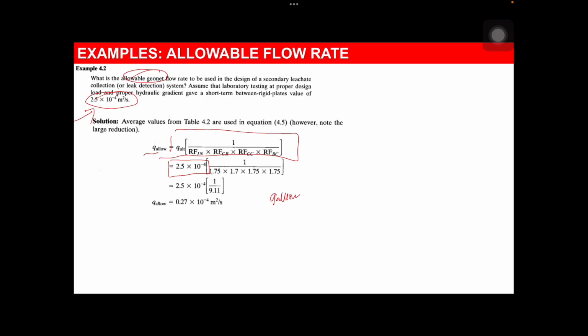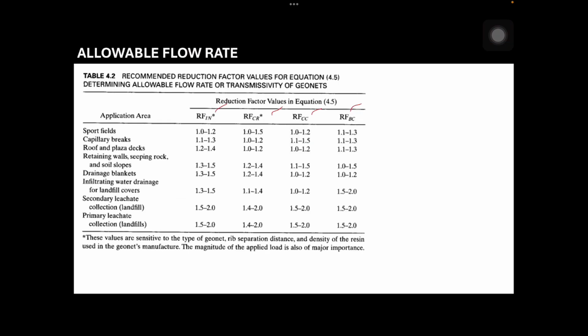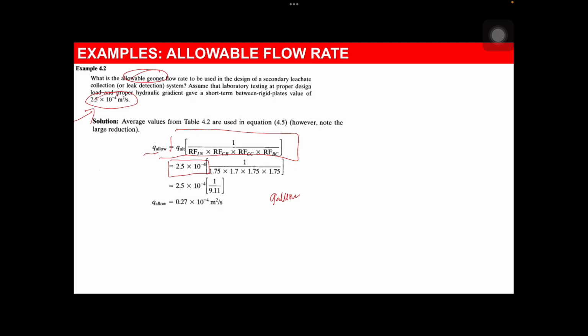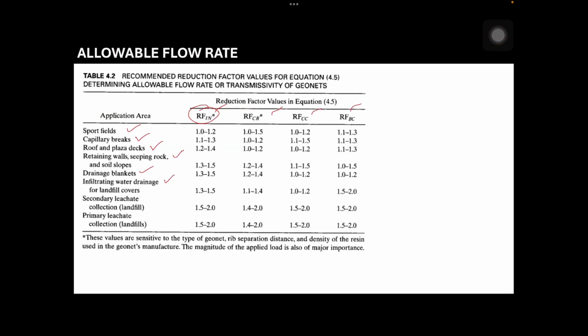So, anong ginamit niya sa RFIN? Since nakadepende ang mga reduction factors sa type of application na gagamitin mo. So, saan ba gagamitin ito? Secondary leachate collection. So, secondary leachate collection nandito. So, ito yung range ng factor of safety na gagamitin.